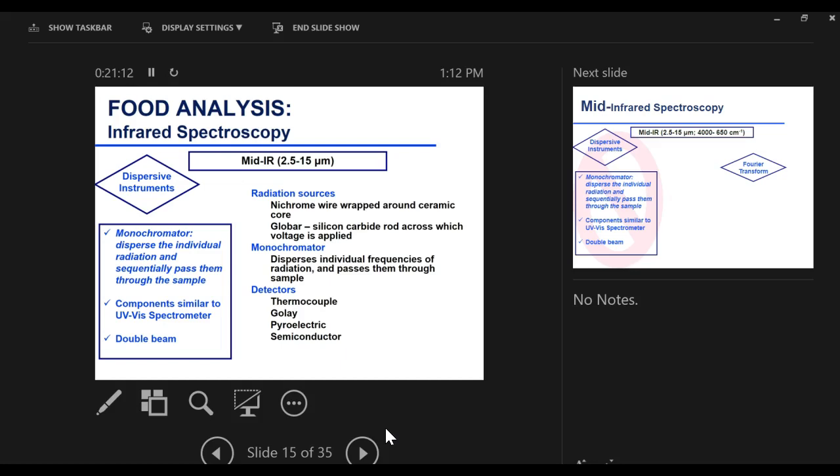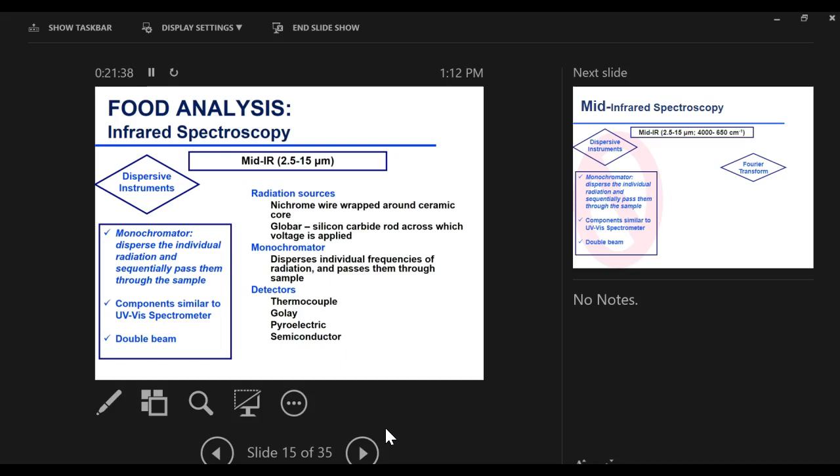So you do have a monochromator in your instrument. It disperses the light into individual radiation or wavelengths or frequencies and sequentially passes them through the sample, one after the other. And then you get a spectra at all of the different wavelengths. So you get them separated, and then you get a sequential analysis.